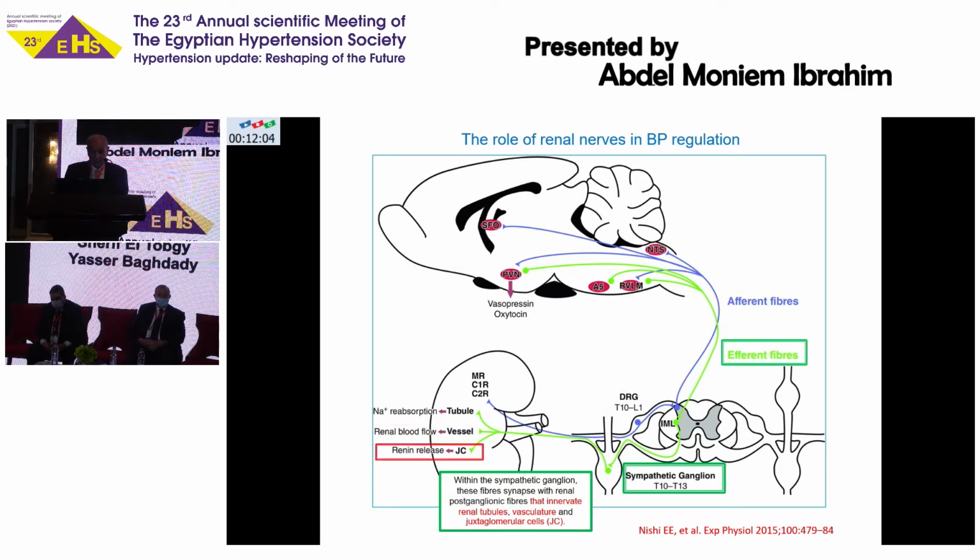And through the juxtaglomerular apparatus, there is release of renin.